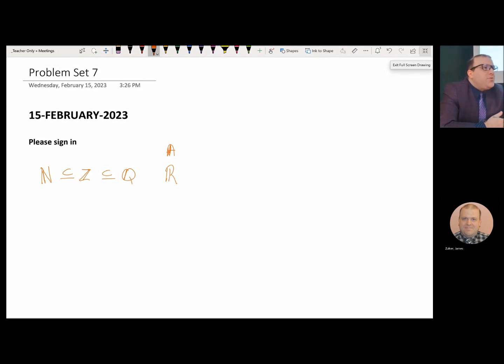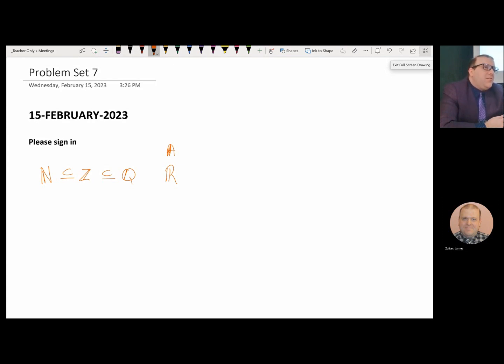In decimal form, irrational numbers are easy to tell. An irrational number does not have a repeating decimal, nor does the decimal terminate. Any number that has either a repeating decimal or a terminating decimal is rational. Right? So 1.2828282828 is rational.